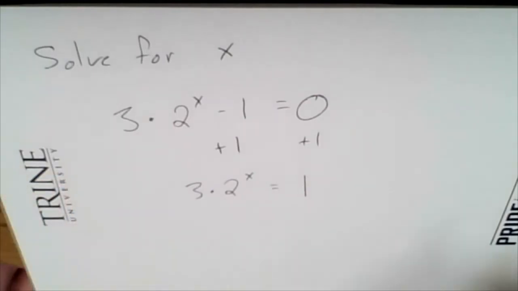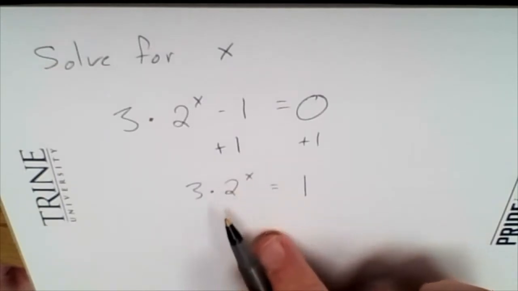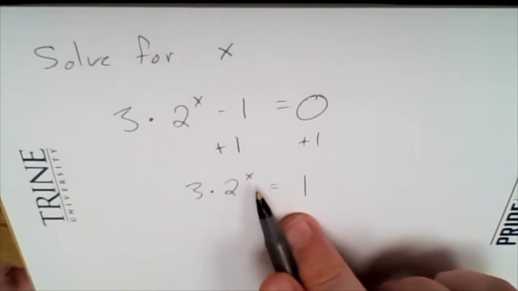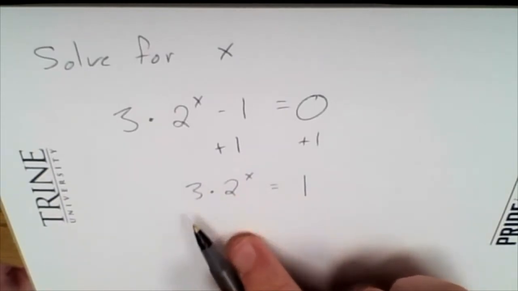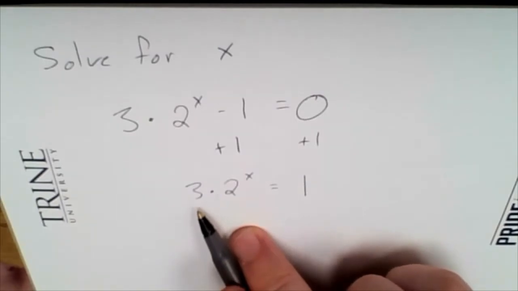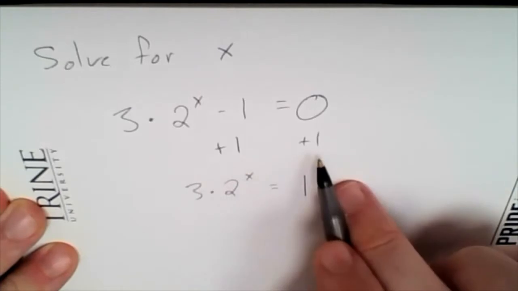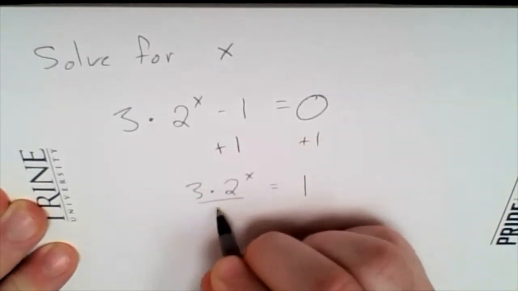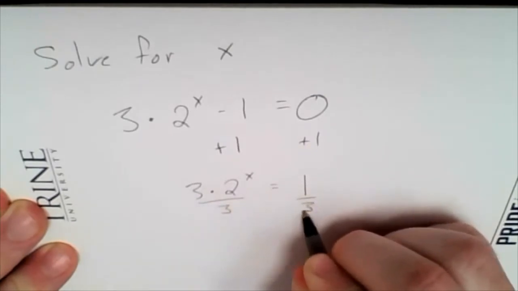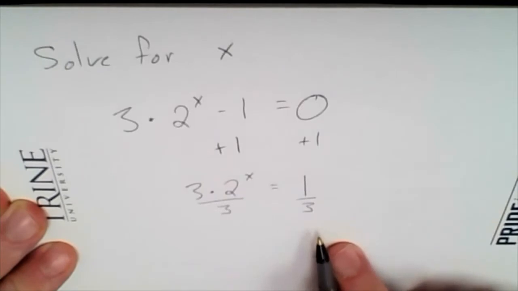All right. So now I want to get to this x. It's stuck up top here inside of that exponent. But I also have this 3 multiplied out on the front. Since I already moved the 1 over to the other side of the equation, now it is easier for me to divide both sides of the equation by 3.